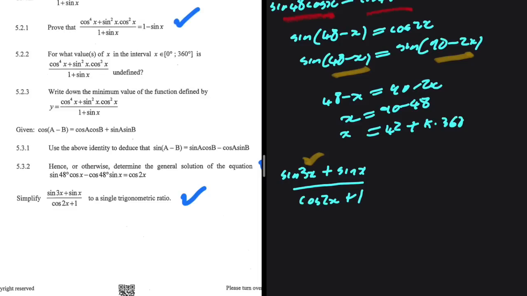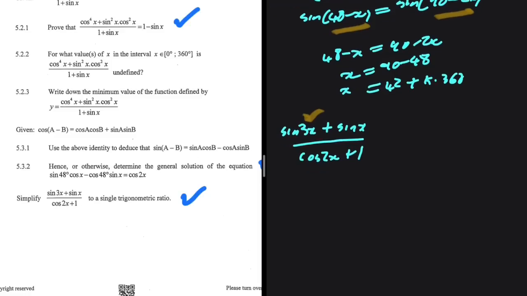So it's better if we break it apart into sine of 2x plus x. If we do that, we're going to have sine of 2x plus x plus sine of x divided by cos of 2x plus 1. Let's just leave cos of 2x as it is for this step. Let's focus on the numerator.